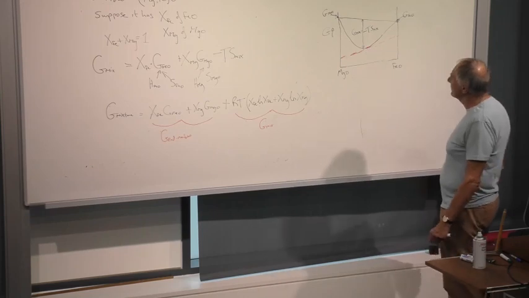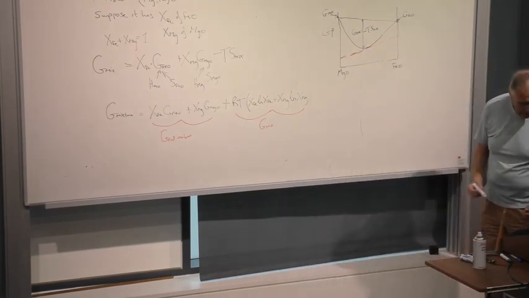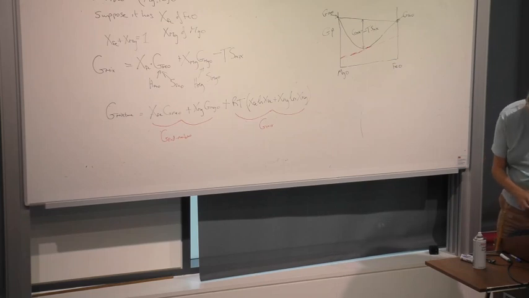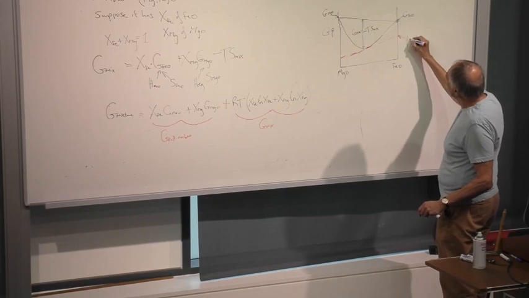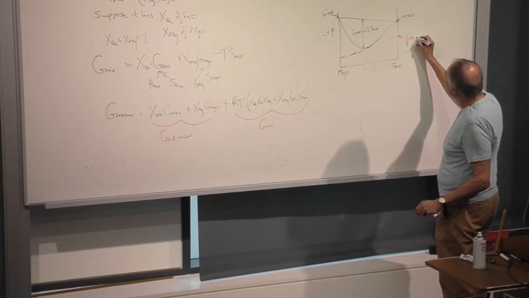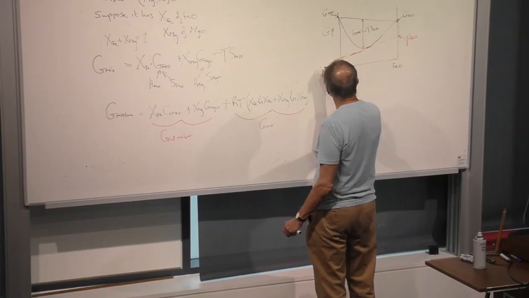If that's our composition of interest, it isn't meant to be halfway along, it's meant to be anything. And we know that this intercept is the chemical potential of FeO. That is the chemical potential of MgO.